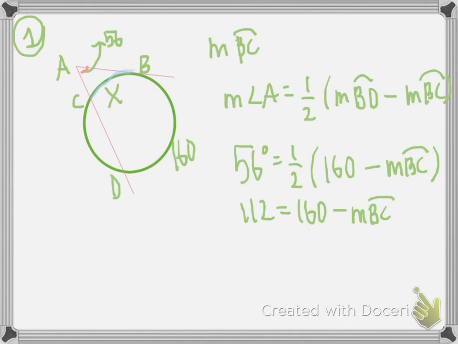And subtract 160, so that'll be a negative 48. And then divide by negative, so that'll be a positive. So the measure of BC will be equal to a positive 48.